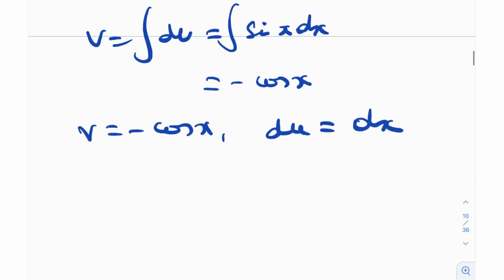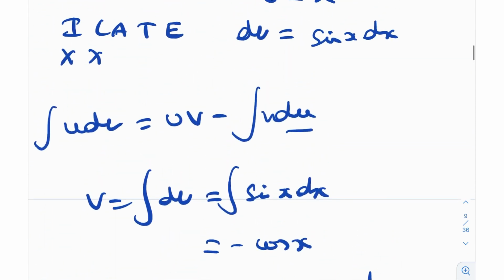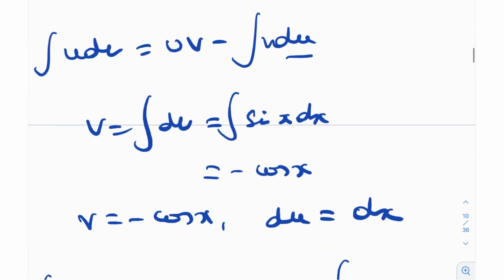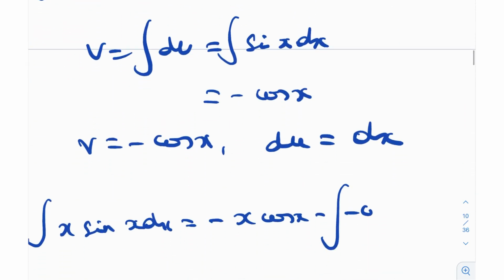So now I know that the integral of x sine x dx is uv, which is x times negative cosine x, negative x cosine x, minus the integral of v du. What was v? v was negative cosine x, right? And du is obviously dx.